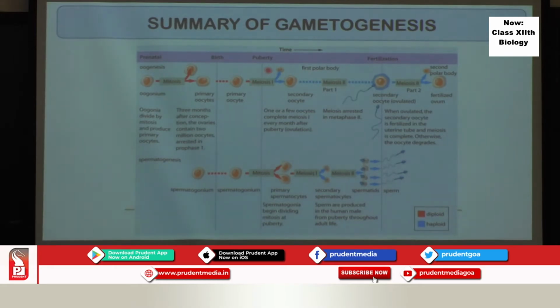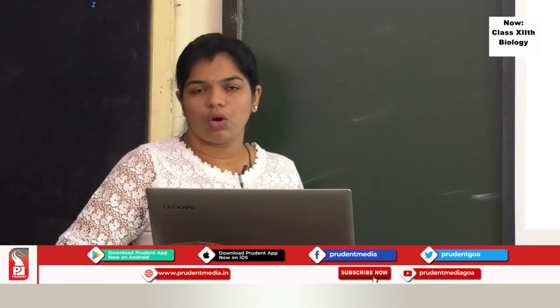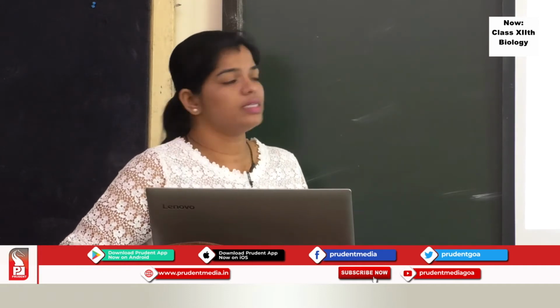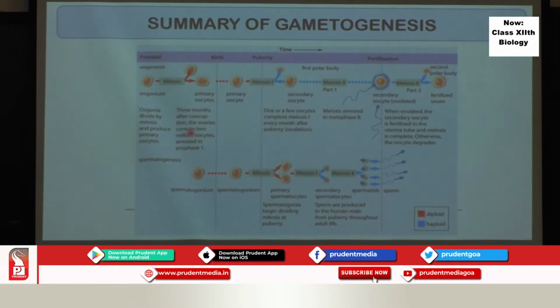When the female reaches puberty, it completes meiosis 1 to form the secondary oocyte. By the 3 months of pregnancy, a female fetus has around 1 million to 2 million oocytes arrested in the prophase 1.